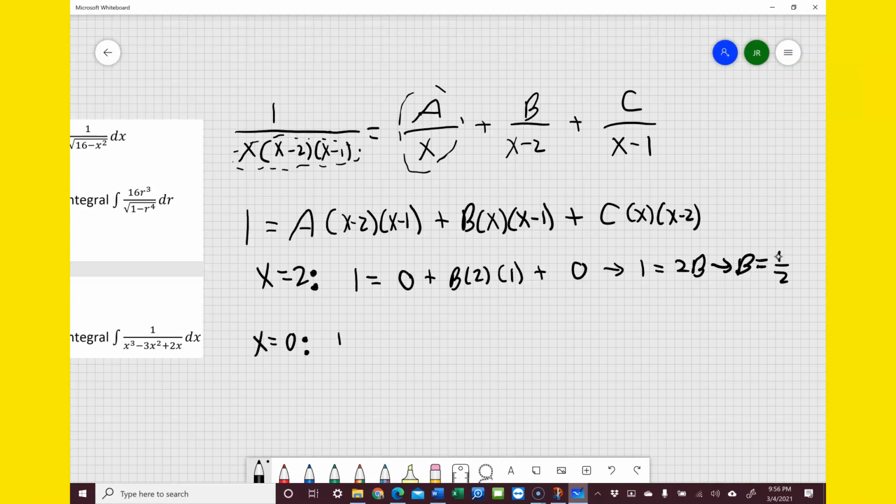So if I do that, I get 1 equals A times negative 2 times negative 1, plus this whole term becomes 0, plus this whole term also becomes 0. So now I get 1 equals 2A. So A also happens to be 1/2, coincidentally in this case.